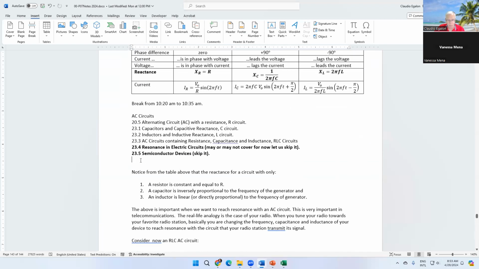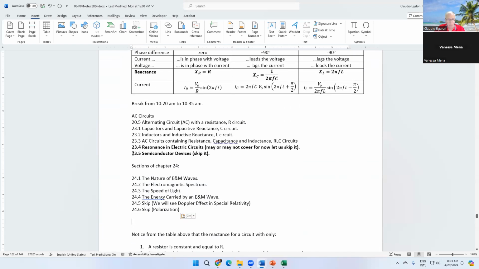There is a section from chapter 20, right?